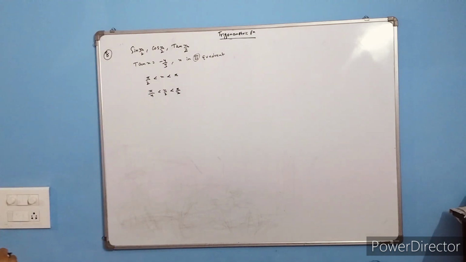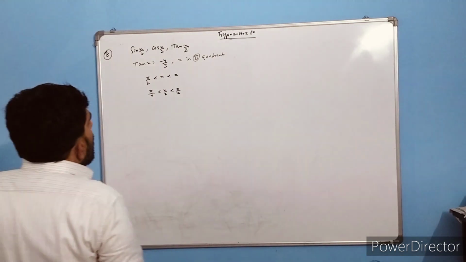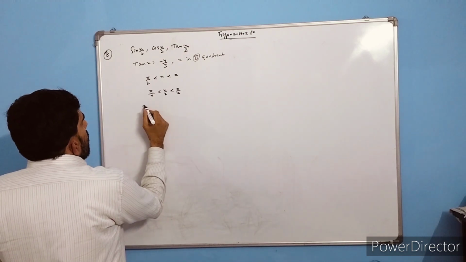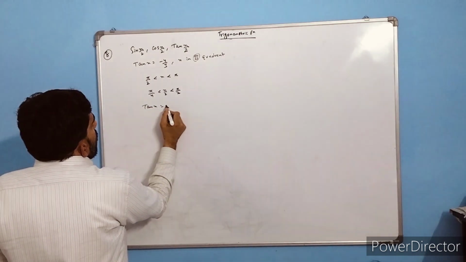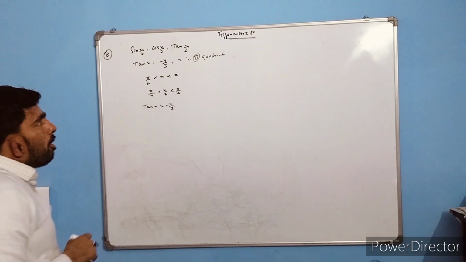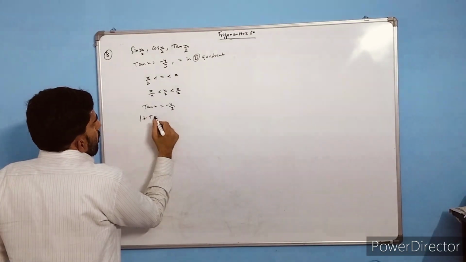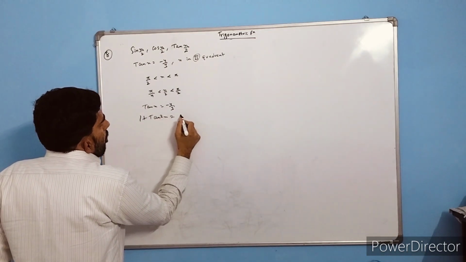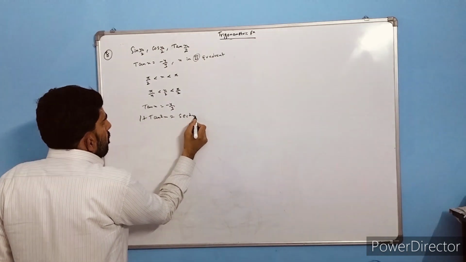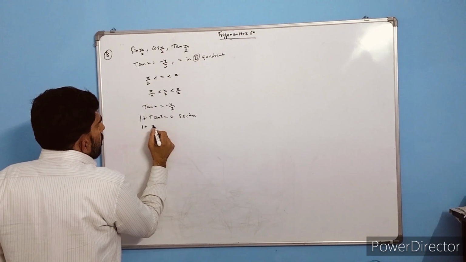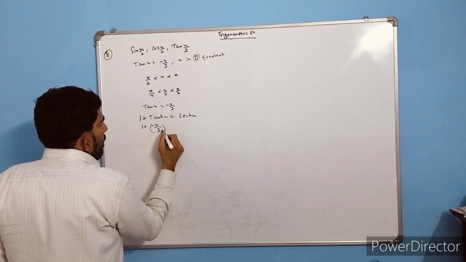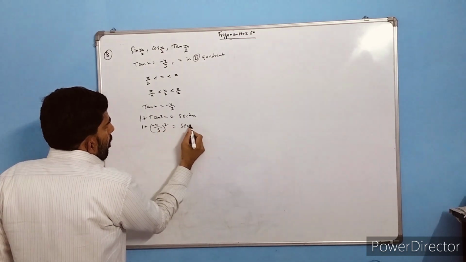So now we can say we have tan x is equal to minus 4 upon 3. Now we have the identity, that is 1 plus tan square x is equal to sec square x. Now 1 plus this one we can find very easily, sec square x.